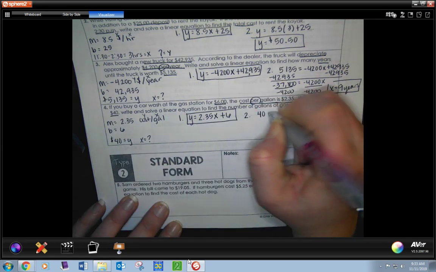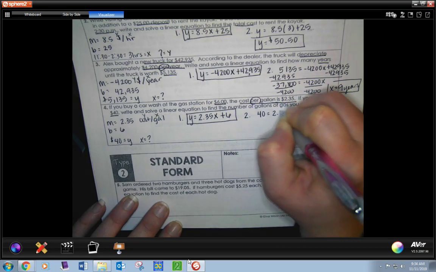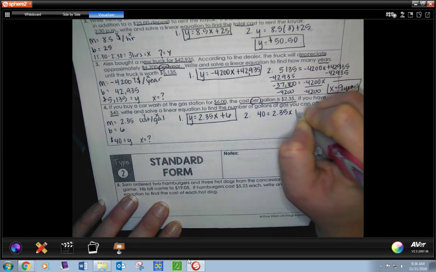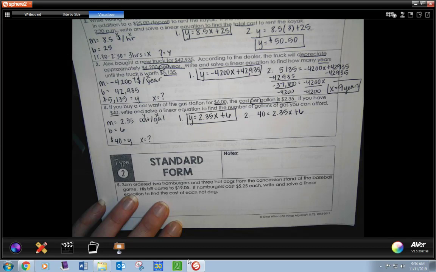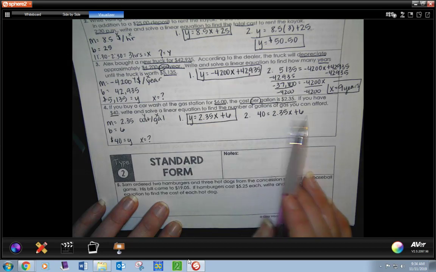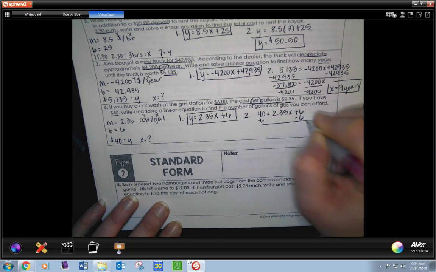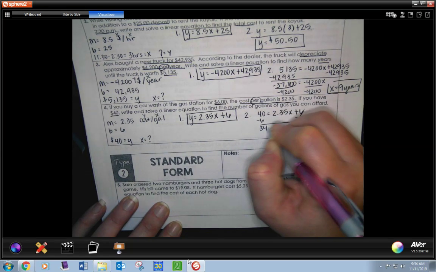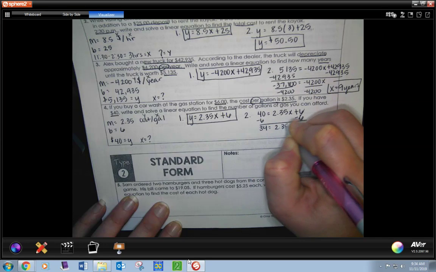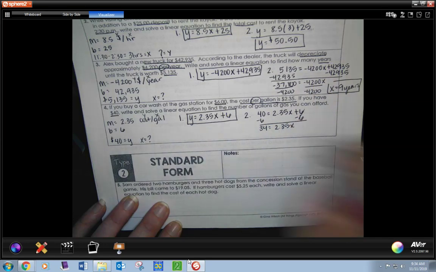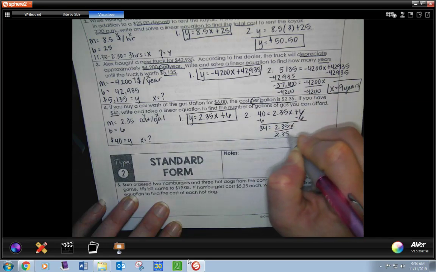So 40 equals 2.35x plus 6. Now, since everything's not over here on the right side, we have to solve this like a 2-step equation. So I'm going to subtract 6. That gives me 34 equals 2.35x. And then to get x by itself, I must divide by 2.35.